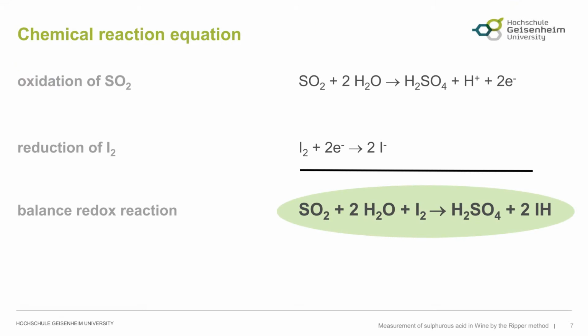This method is based on the redox reaction in which SO2 reacts with iodine. Unreacted iodine forms a blue color with starch, and the appearance of the blue color indicates the endpoint of the titration.